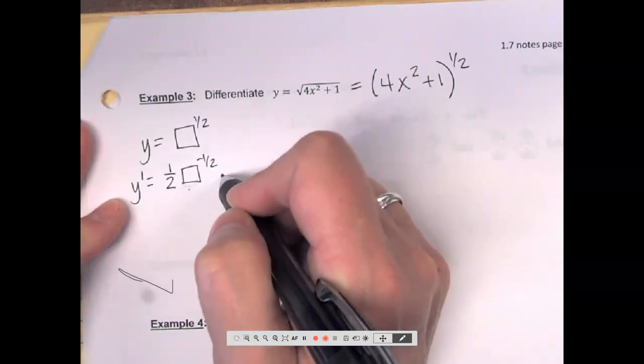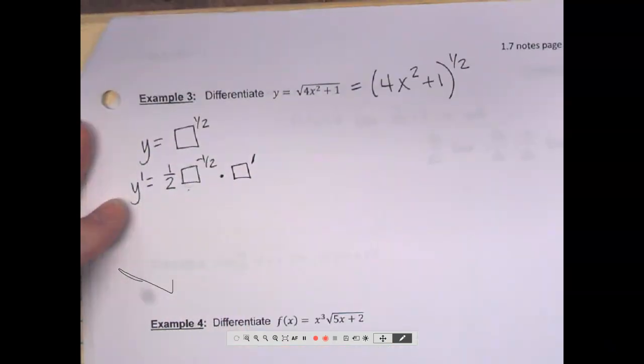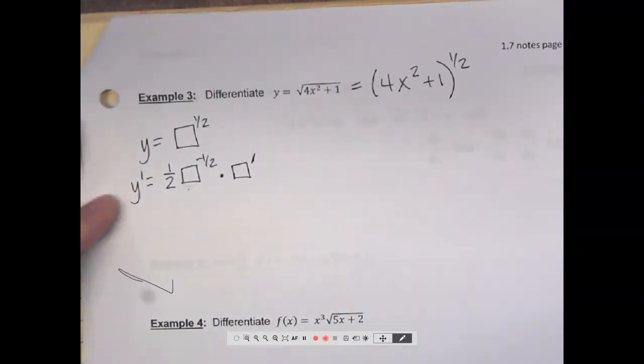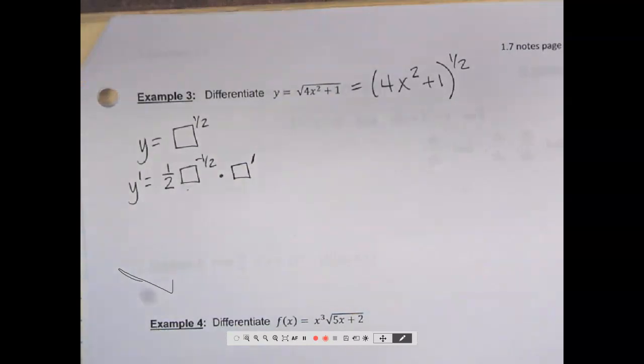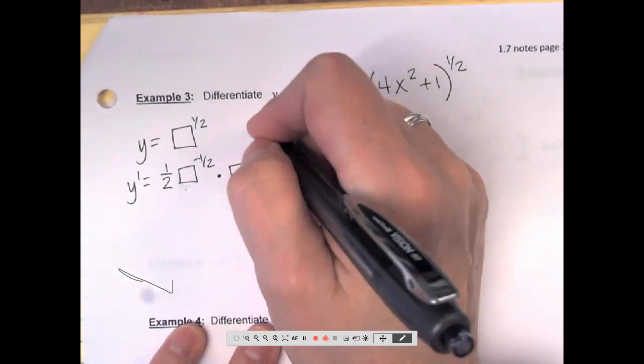So I'm going to also multiply by the derivative of whatever that other function was. So I deal with one derivative at a time, but I tack on, using multiplication, the derivative of each function. Okay, so with this function over here, this is what the derivative would look like.